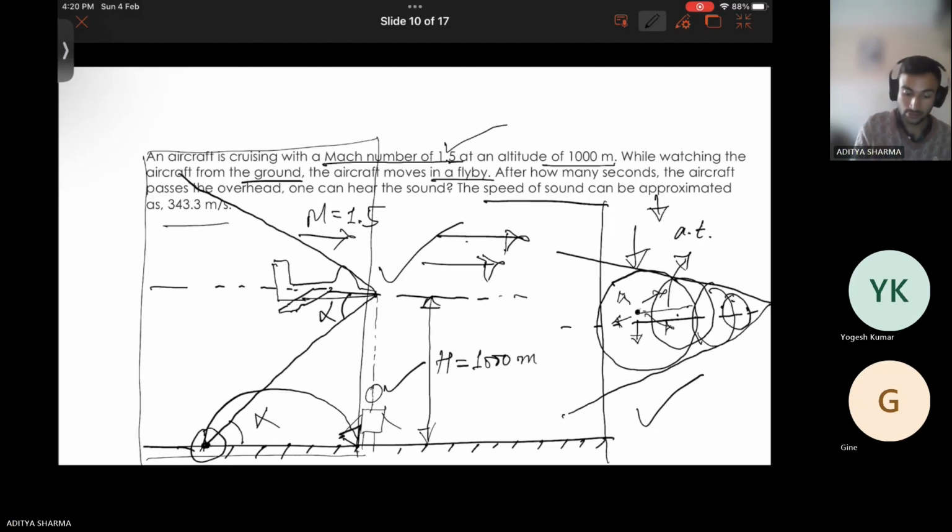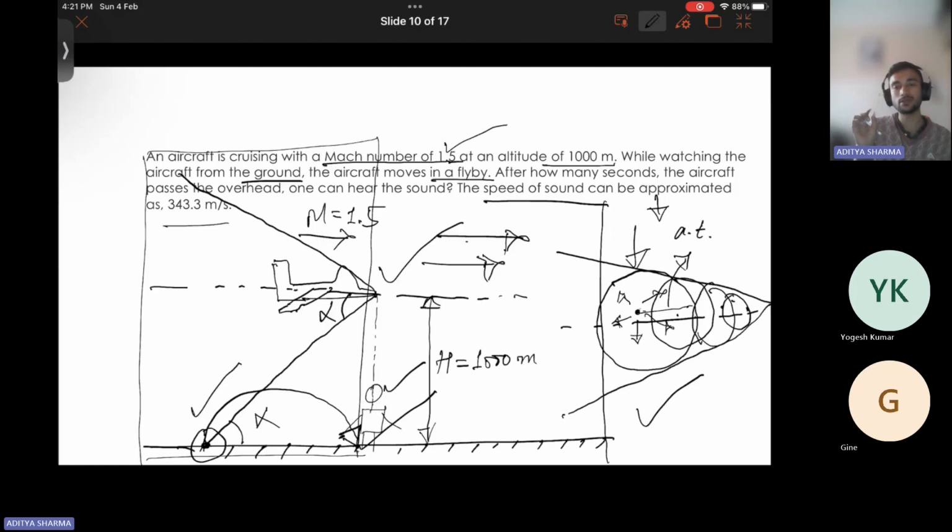So then, what do we need to find out? We need to find out in how many seconds this point has to travel to this point. This distance it has to cover, and it will cover this distance with what speed?